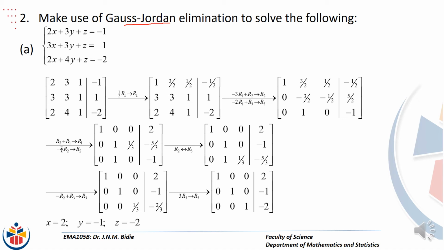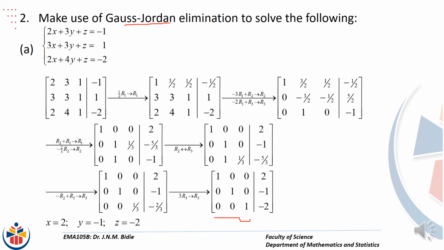So you perform row operations that will change the whole matrix all the way until the last row operation gives you an identity matrix on the left, and then your solutions will be on the augmented side.